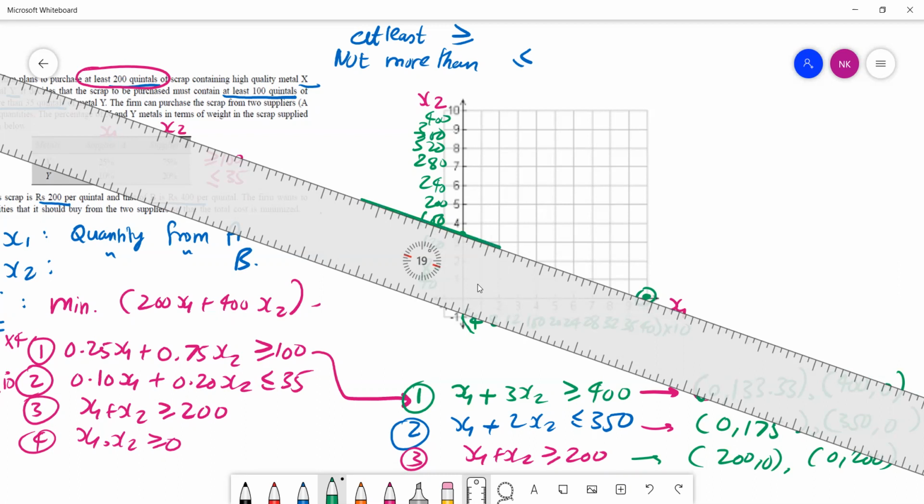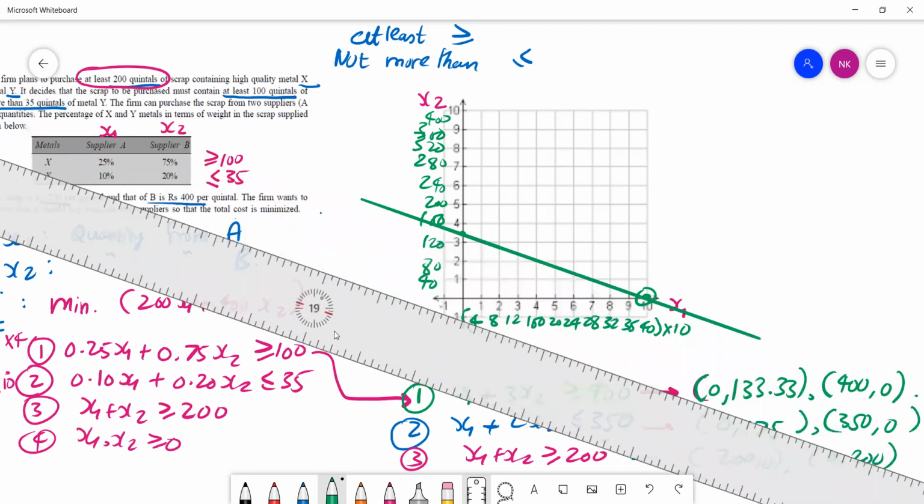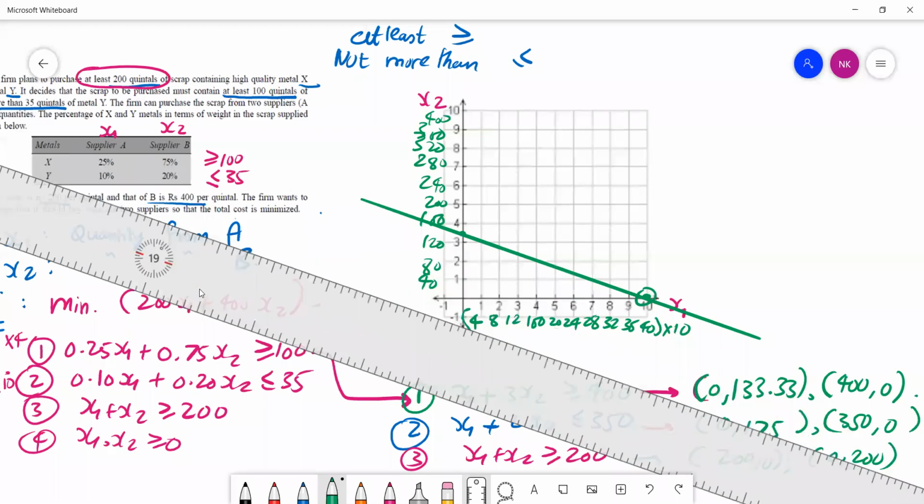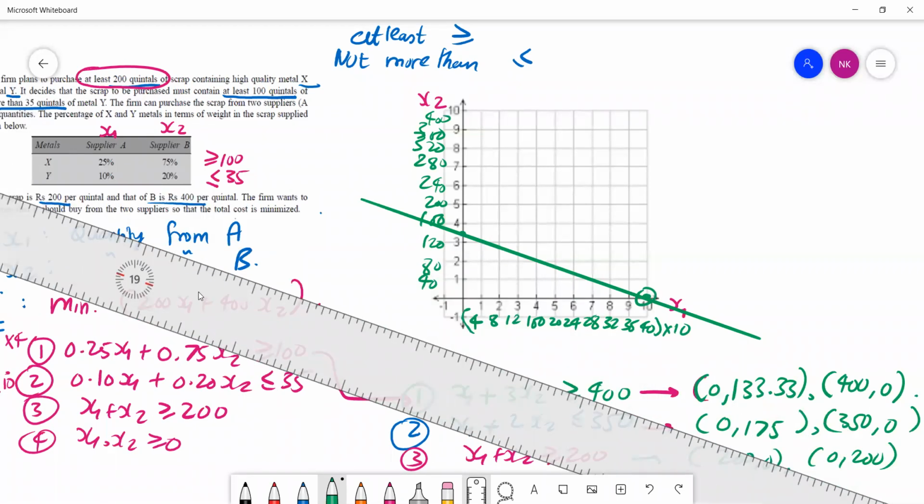Those who have already drawn this thing, please find the intersecting points. 0, 175 for the second, I will be drawing 0, 175 over here and 350, 0 over here.